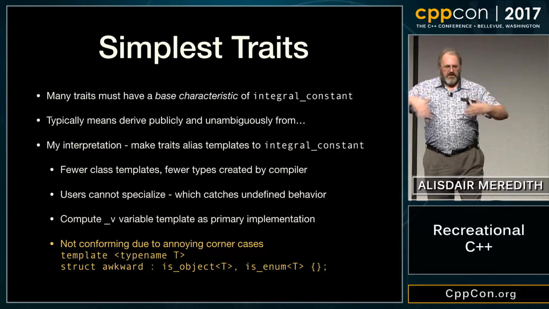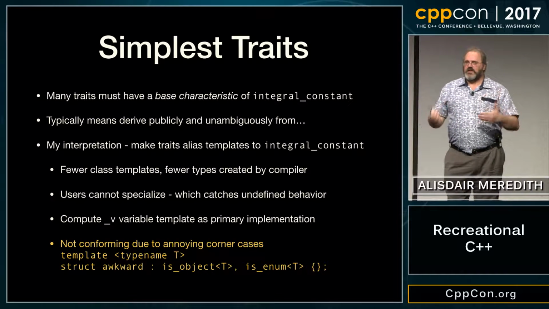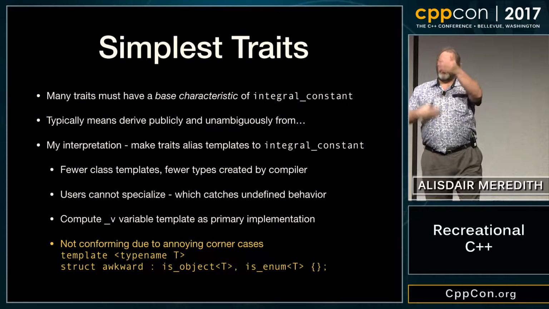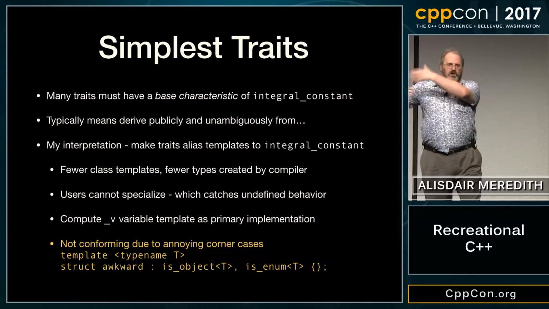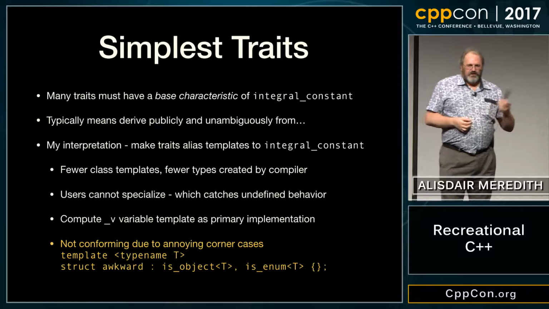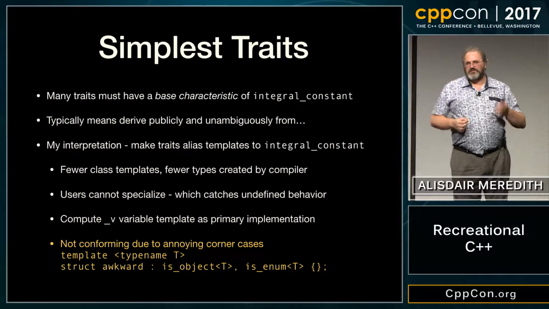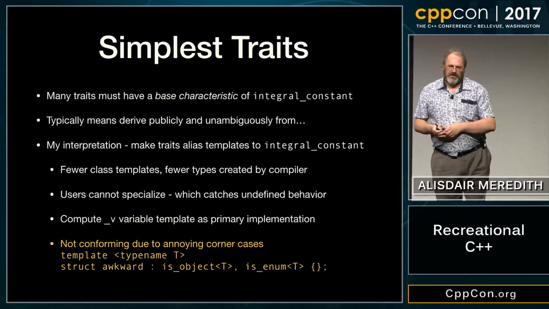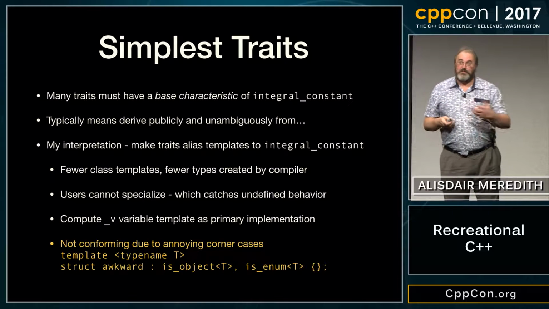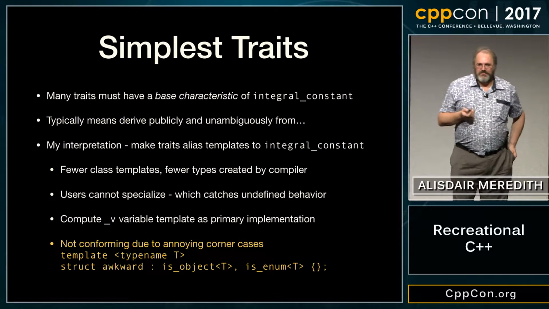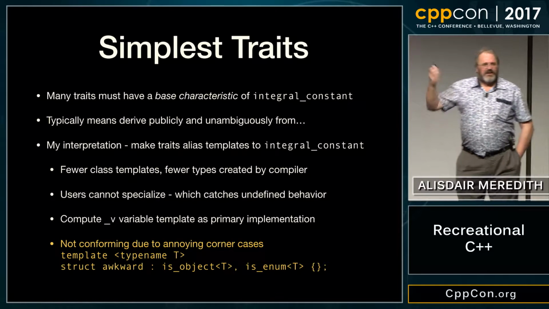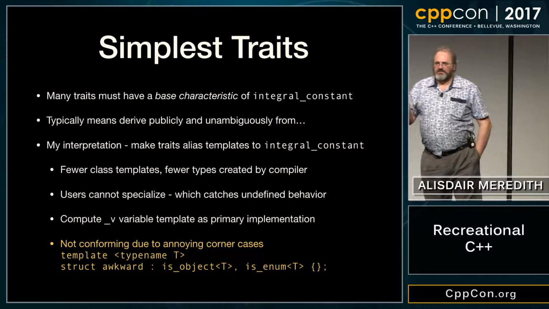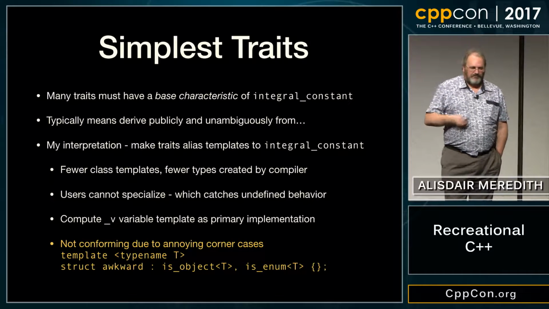Because one of the reasons that you have these base characteristics is you want to do tag dispatch by passing a function, your trait name will slice to either true_type or false_type, and that guides your overload resolution. As soon as I put those actually down to slicing to true_type and false_type rather than taking the thing in by value and querying the type out, so doing tag dispatch as it would be used, my advantage completely vanished. So it was a nice illusion while it lasted. But I still think it's an easier way to implement these, and it's my library, I can have fun.